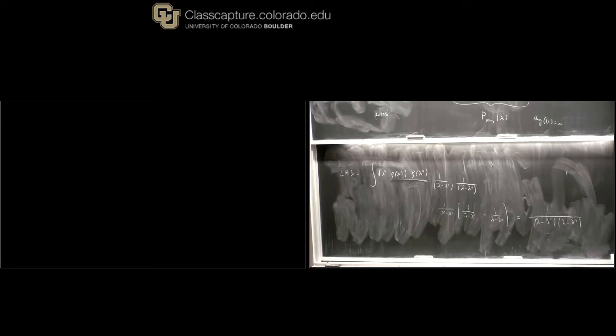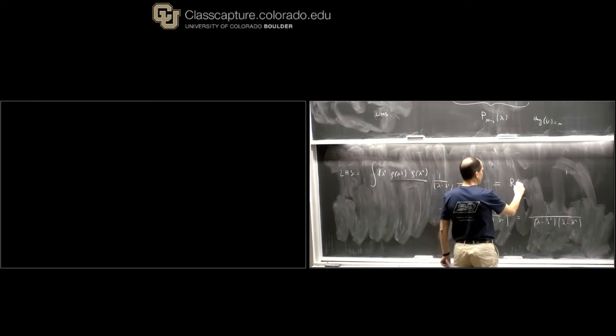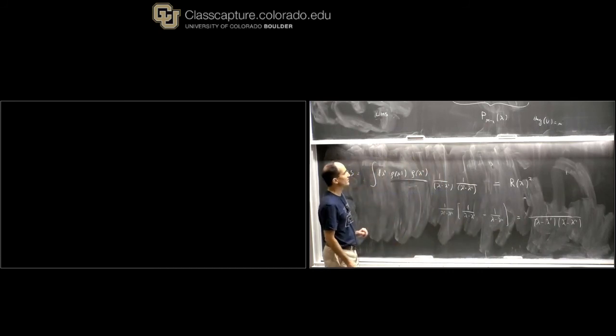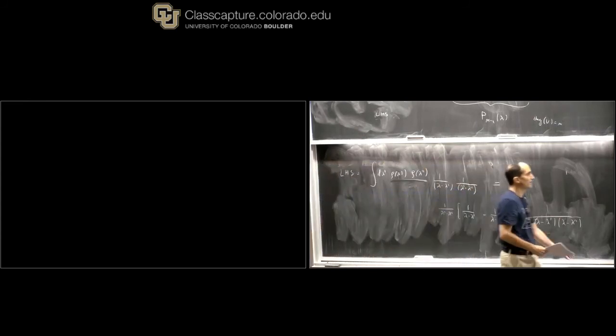And miracle, now the integral factorizes into two integrals, and each of the two integrals is equal to a resolvent. So we have the resolvent of lambda squared. And now we've got the equation that we wanted. Let me write it on this blackboard.